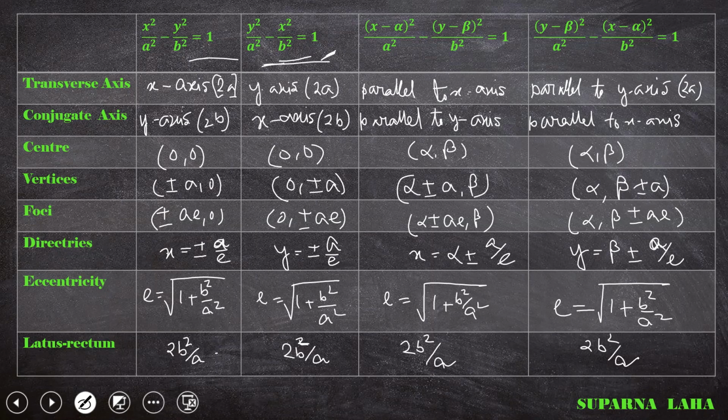Okay, so these are the four equations of the hyperbola, and the information, that is the center, vertices, foci, equation of the directrix, length of the latus rectum, everything about these four equations.